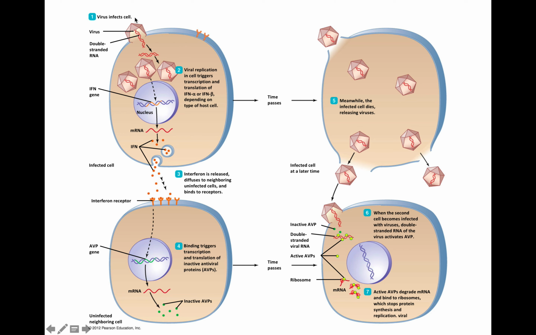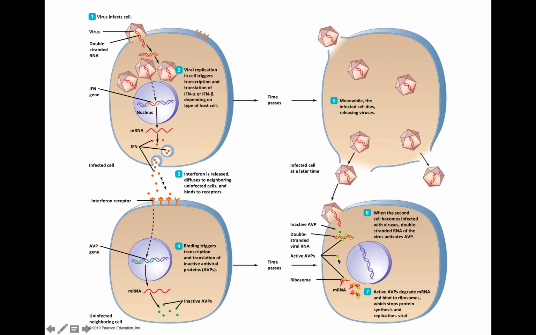So here, if we have a virus infect this cell, again, in the nucleus, we would have a gene activated to produce interferon, in orange here. This interferon is released into the extracellular matrix. So as time passes, this is the infected cell to the right, this virus is going to replicate and then be released. This cell here that receives the interferon signal then produces antiviral proteins, AVPs here, so it's ready for when the virus actually does invade.